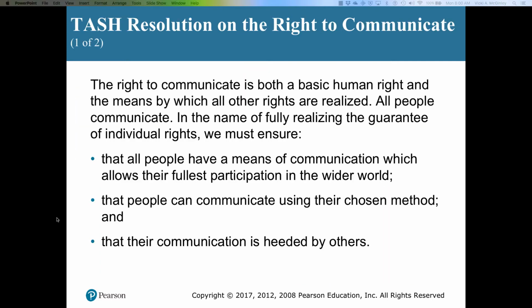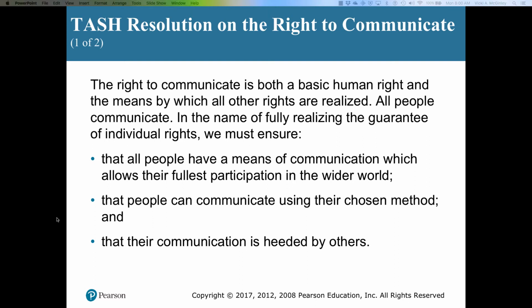The Association for Persons with Severe Handicaps has written a lot about people's rights, and communication is a strong right. I think this slide is important because it addresses that right, and that all people should have a means to communicate that allows them to participate in the wider world. Again, not just to go to the bathroom, not just to have a drink.